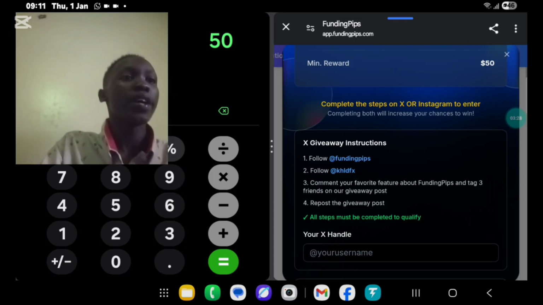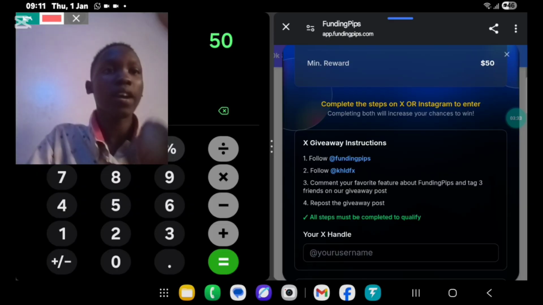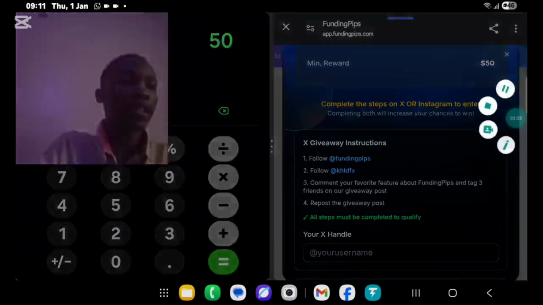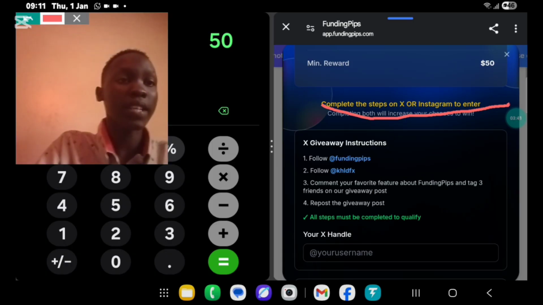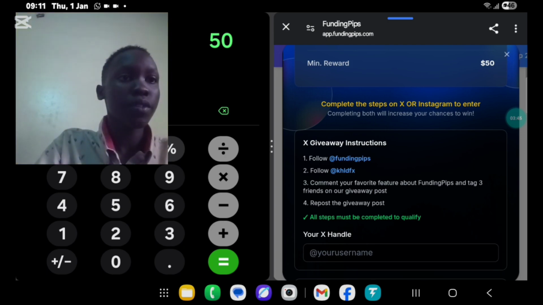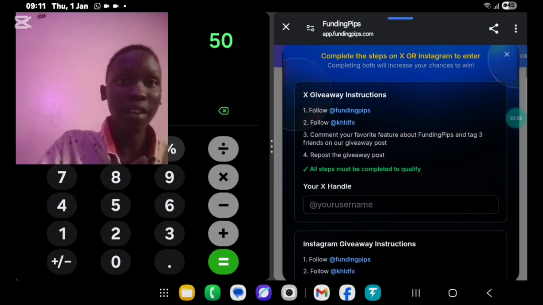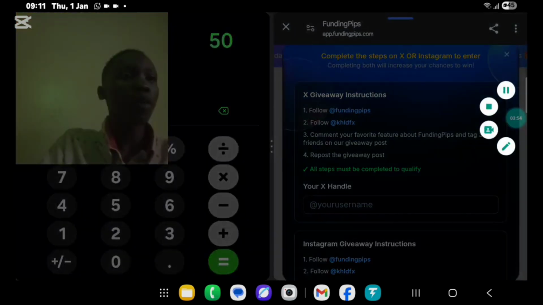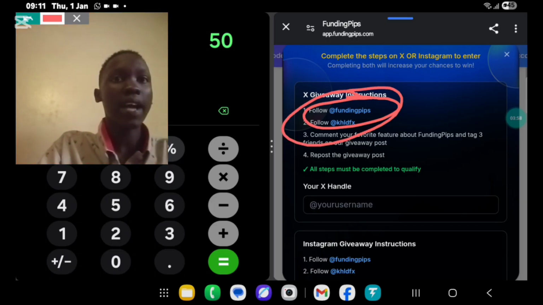So now, if you are using X, these are the steps we can read. Complete the steps on X or Instagram to enter. Completing both will increase the chances of winning. So if you are on X, formerly known as Twitter, what you will do is go follow these two people in IG.